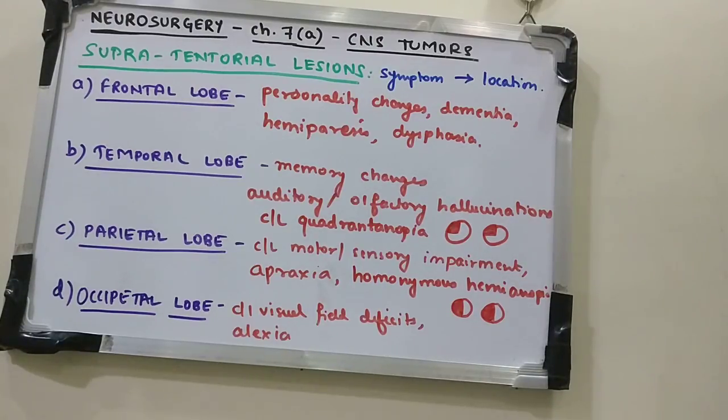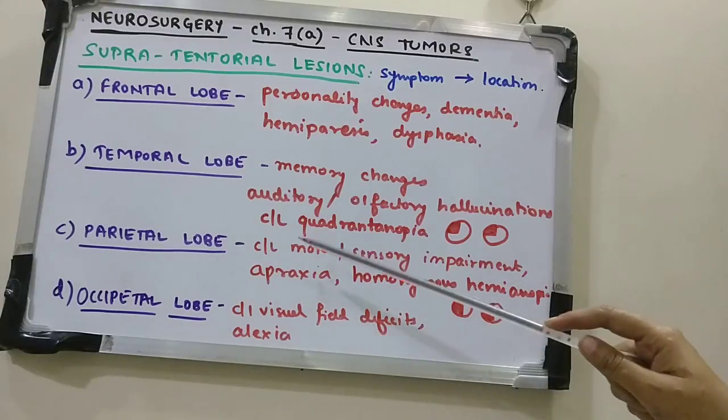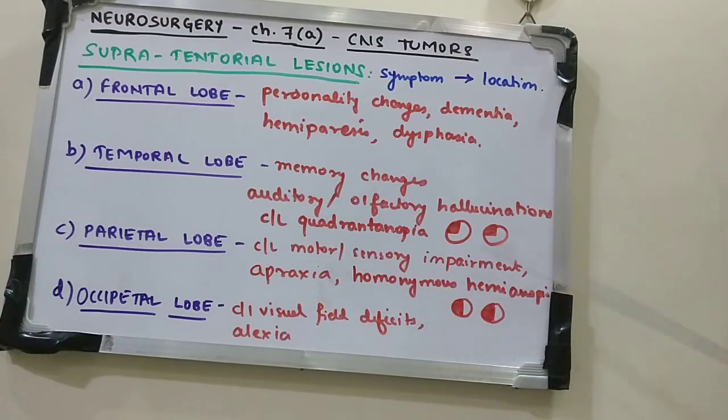If there is affection of the parietal lobe, it can cause contralateral motor or sensory impairment. Why motor? Because I think 30% of the corticospinal tract origin is from the parietal lobe too.